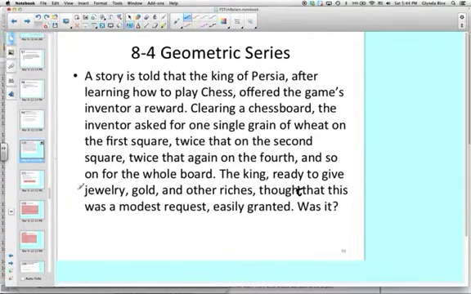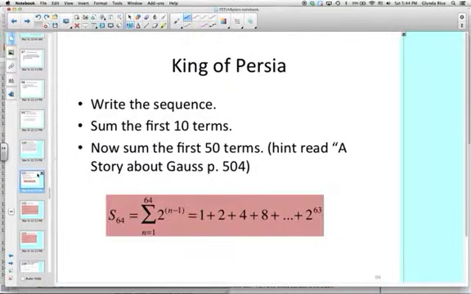Was it? The king was not very mathematical. So let's write the sequence. Well, on the first box, he has 1. Then he has 2. Then he has 4. Then he has 8. It doubles, 16, 32. As you notice, these are powers of 2.